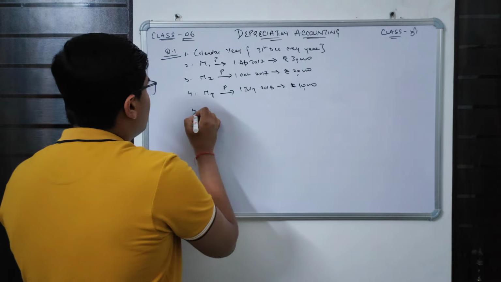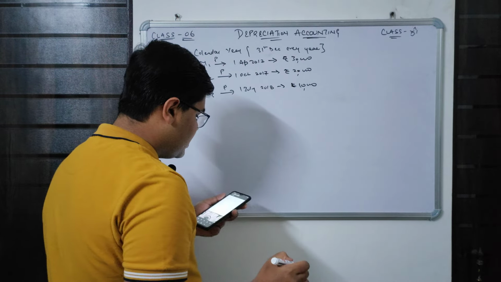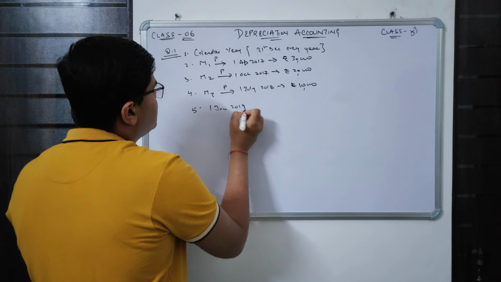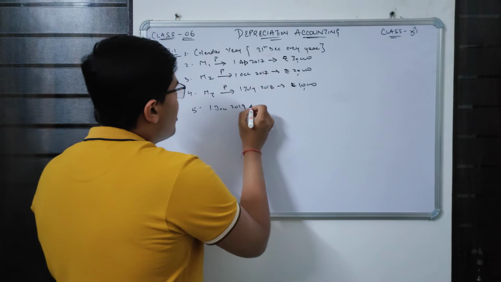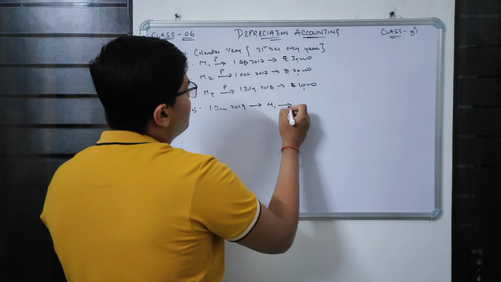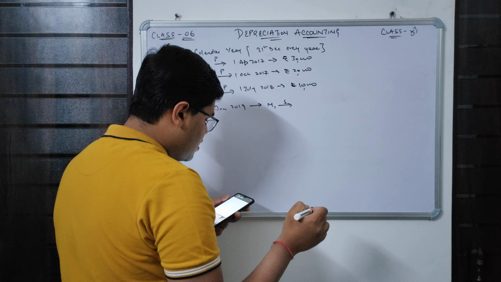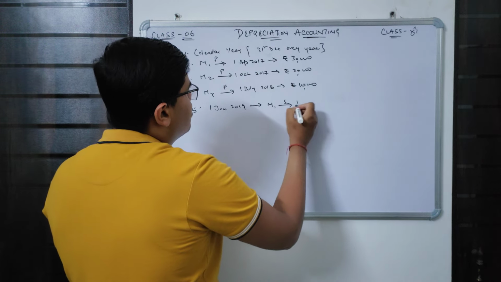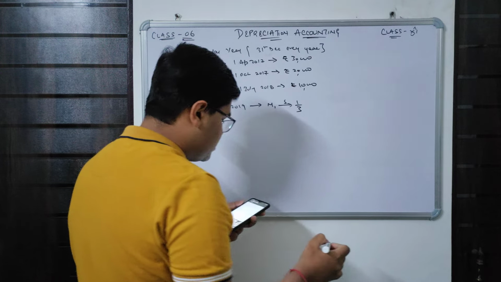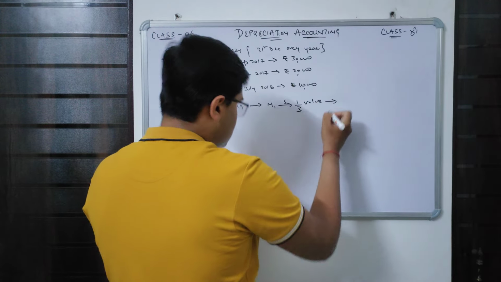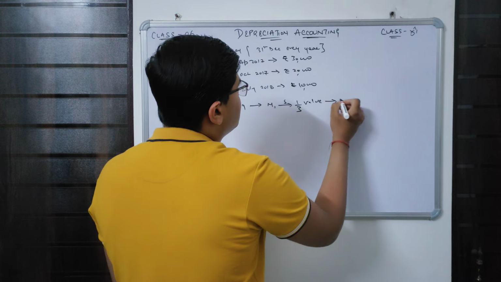And part 5 states that on 1st January 2019, M1, machinery 1, was sold, its 1/3 part, at rupees 3,000.